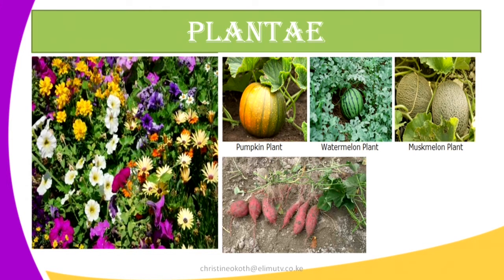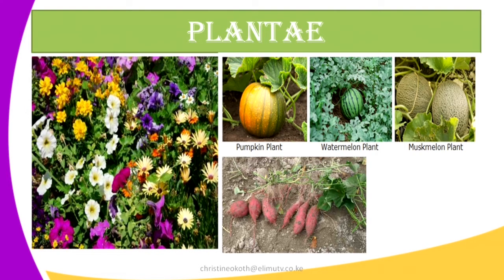We have so many species of plants, from the flowers, the pumpkin plants, the watermelon plants, the muskmelon plants, and the potatoes. There are so many varieties of species in the plant kingdom. But the question is, what are the main characteristics that will make an organism to be called a plant?